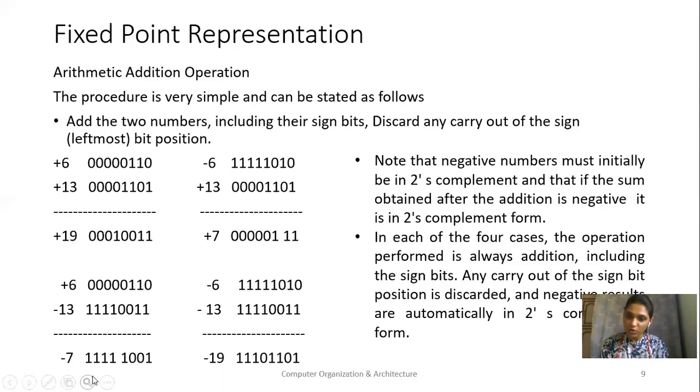To know the actual number, you take the 2's complement of that result and put a negative sign beside it. So this will be your actual result. By this method you can find addition and subtraction of fixed point numbers.